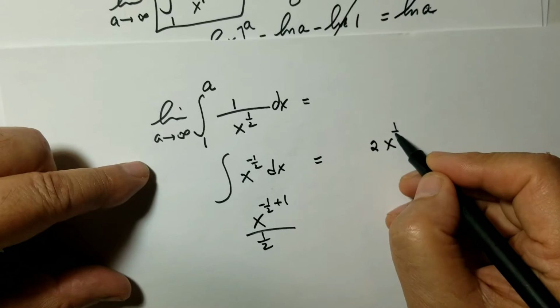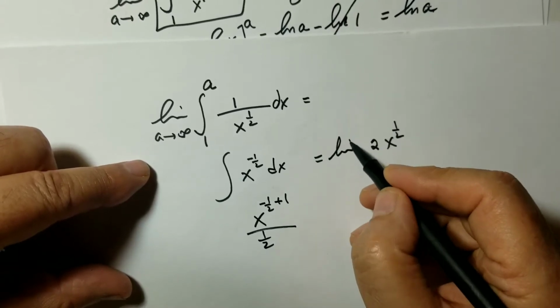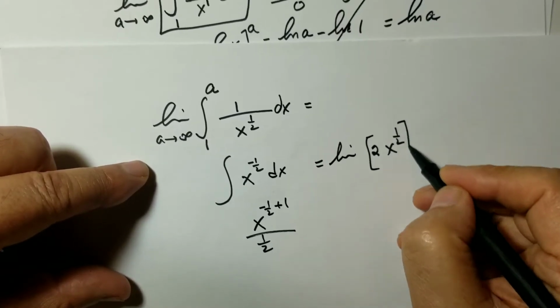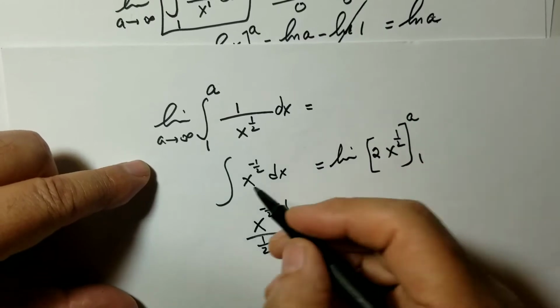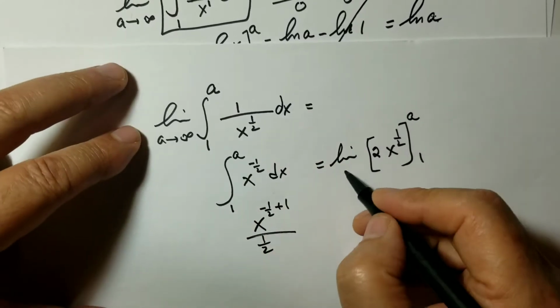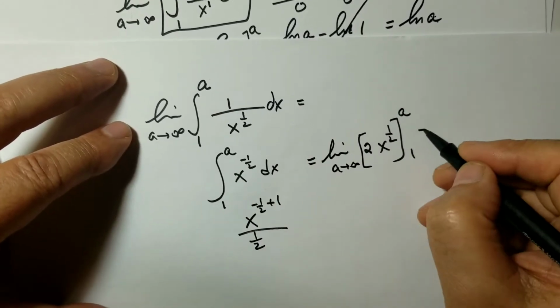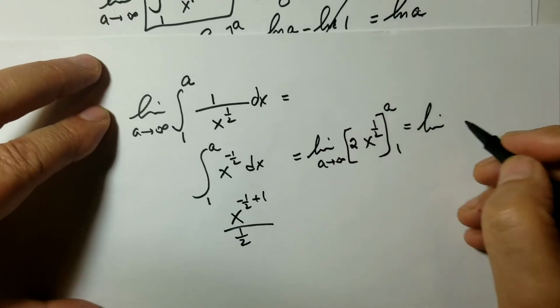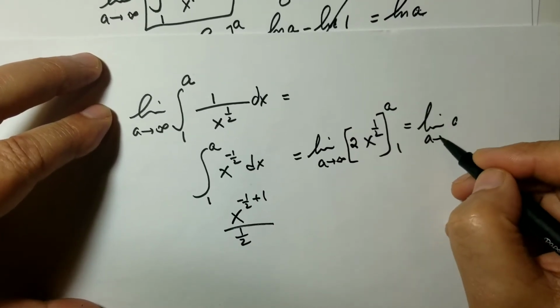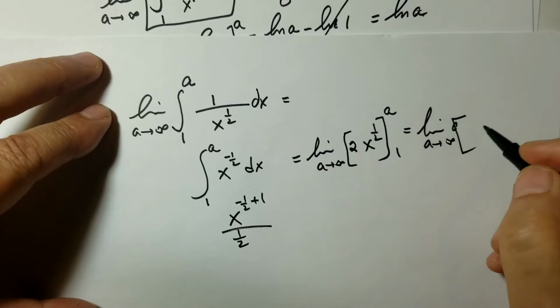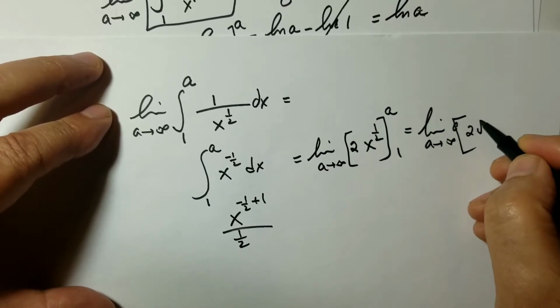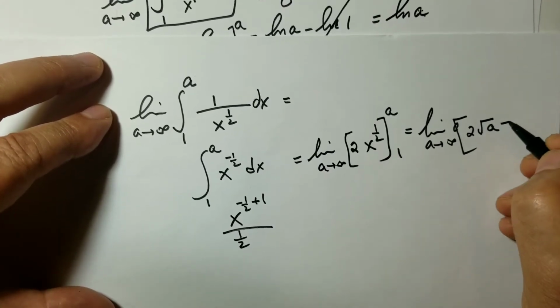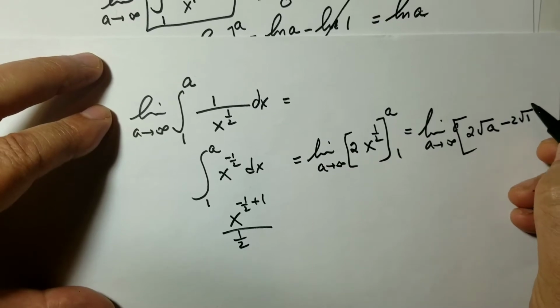Therefore, the answer to this one is 2x to the power of 1/2, and you evaluate it from 1 through A, and you take the limit as A goes to infinity. I'm not worried about the limit right now. It becomes 2 square root of A minus 2 square root of 1.